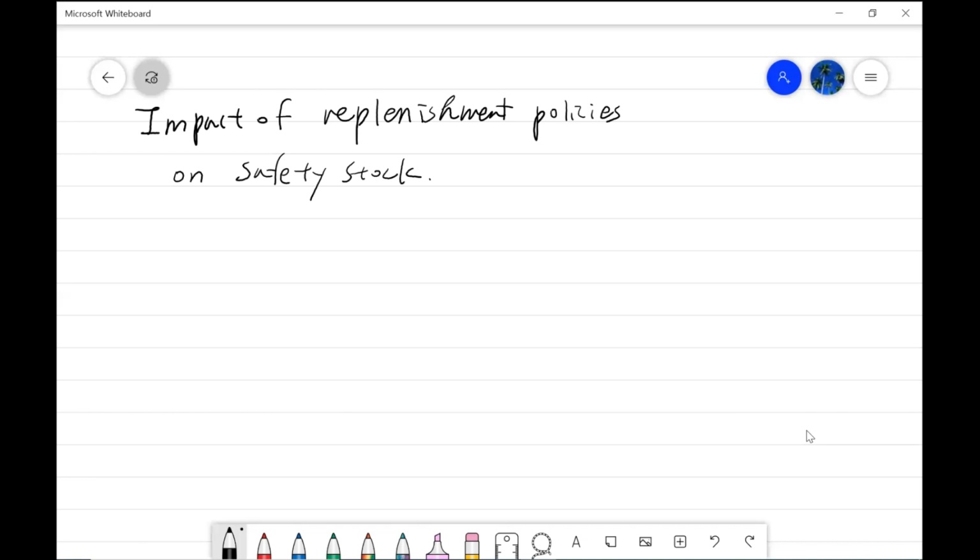Under the continuous review system, how you decide when to order and how much to order is quite different from the periodic review system.